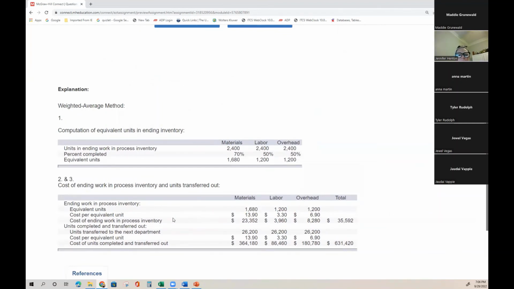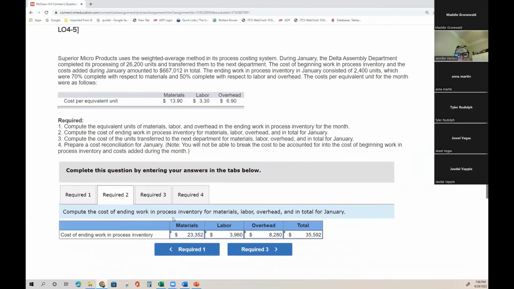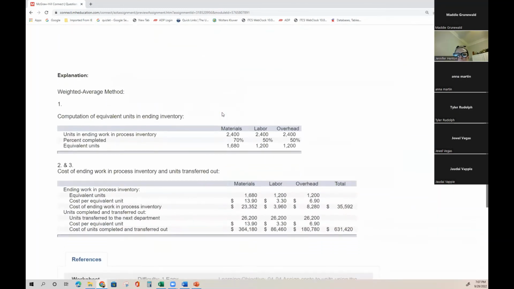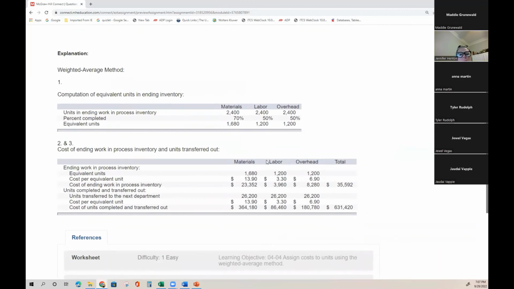And then we have our cost per unit, which was given to us up here in the table, 1,390, 330, and 690. We've got to multiply out what it is for materials, labor, and overhead. So we just multiply them together. Then we add them all up to get the 35,592.